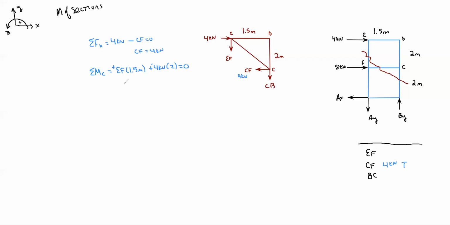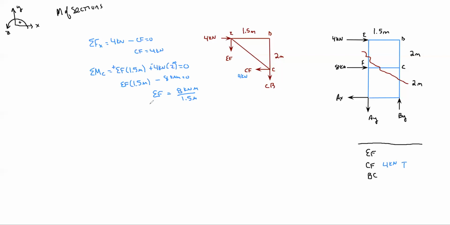So that gives us EF times 1.5 meters minus 8 kilonewton meters. Therefore, EF is equal to 8 kilonewton meters divided by 1.5 meters.